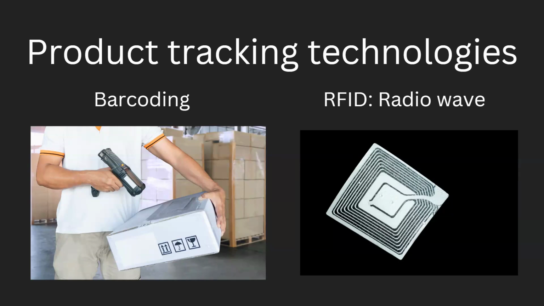The reader will interpret that signal and show the information on the screen, like the location of the item, or the quantity in the warehouse, or the item description, or any other information that you want to know.